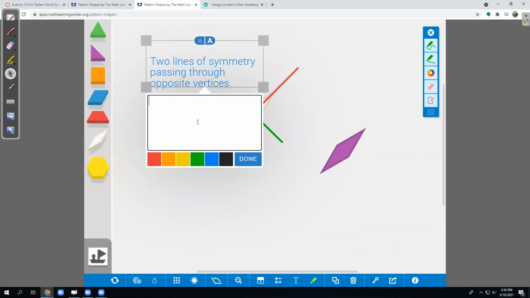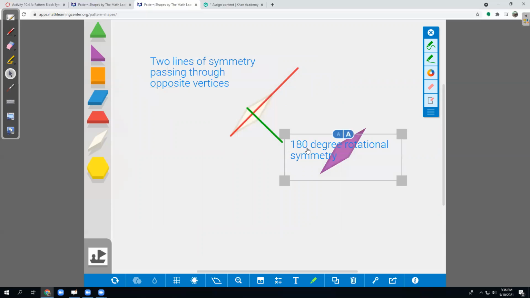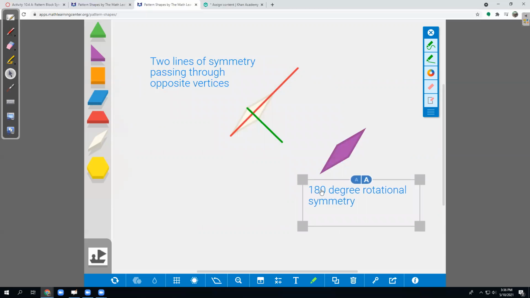All I can really say is I see 180 degree rotational symmetry. Again, that's something physical you have to do, so it's kind of hard to say anything, but that's what we found.